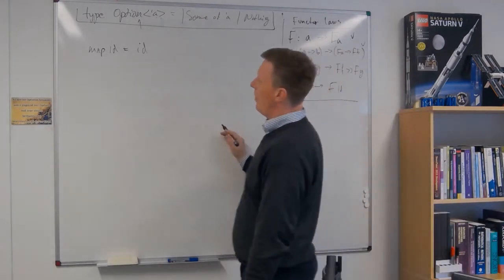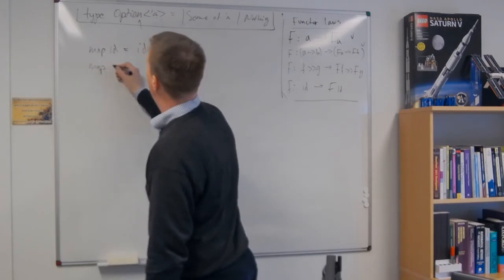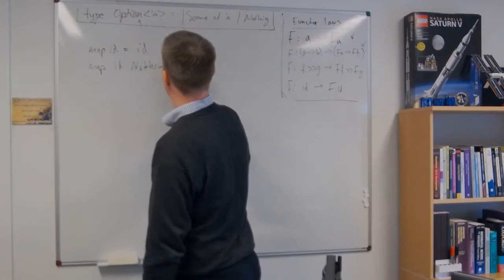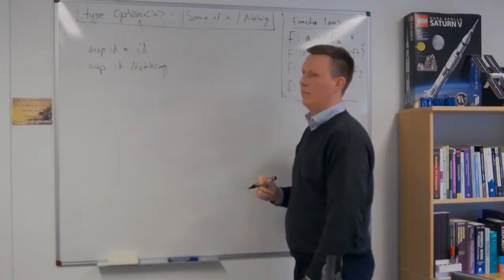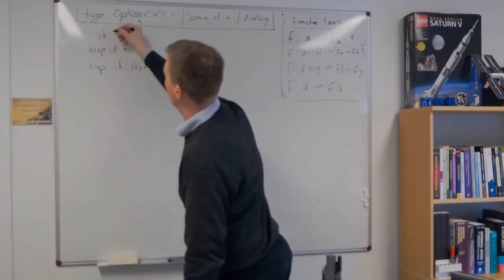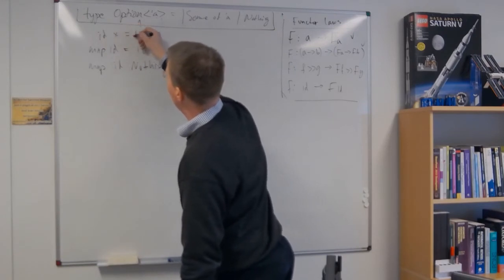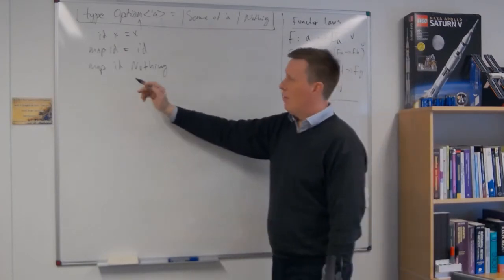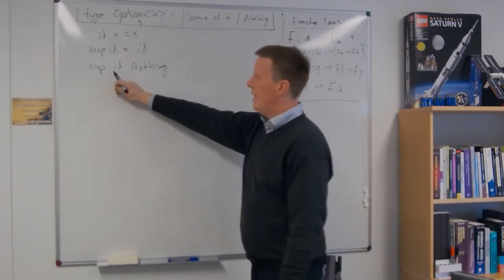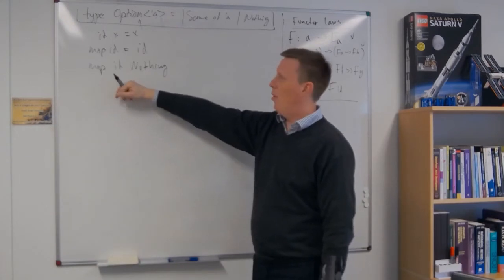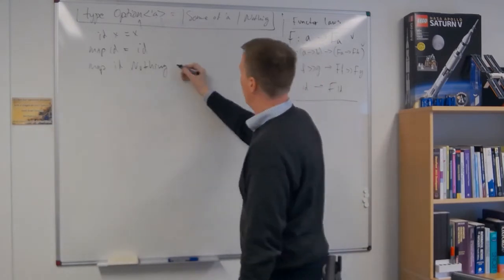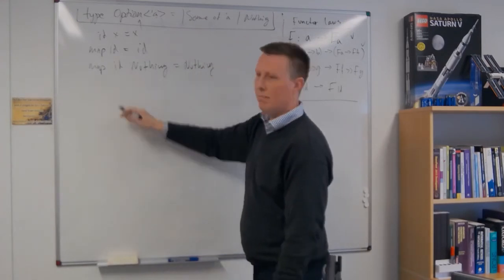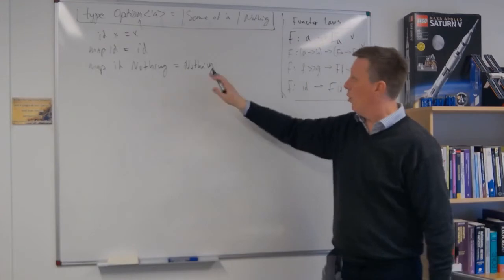So we can start with the nothing case. So I can say map ID onto nothing. Remember, ID is this function where ID of x equals x. And one of the things that you should remember from the previous lecture is that map of whatever on nothing always produces nothing. So it doesn't matter what I put in here.